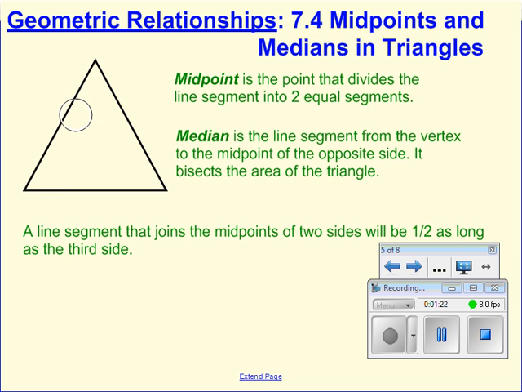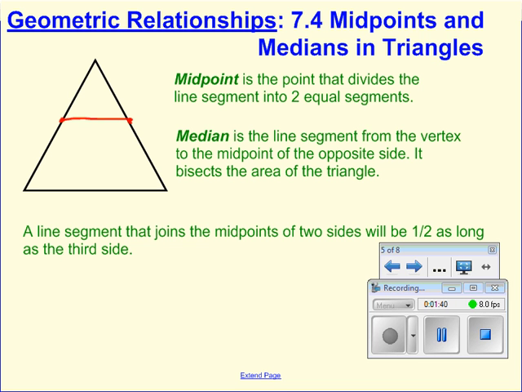Now, one other point I want to make in this video is when we have two midpoints being connected together. So let's say I find the midpoint here and the midpoint here, and then I connect them together.